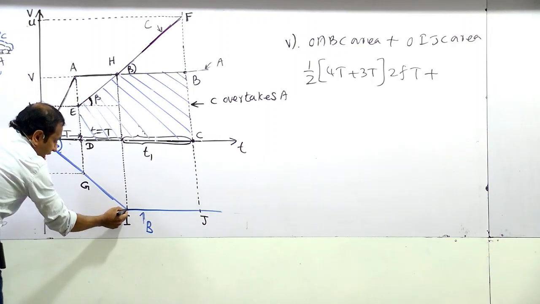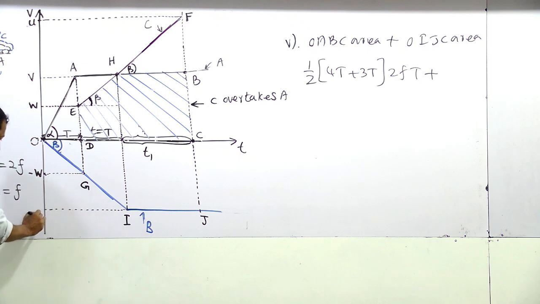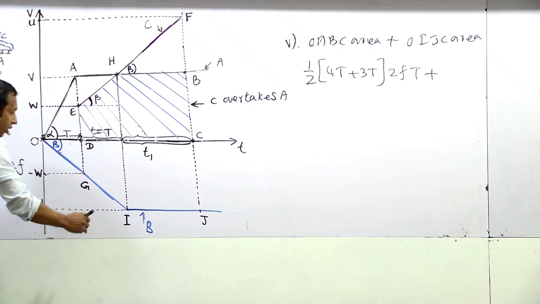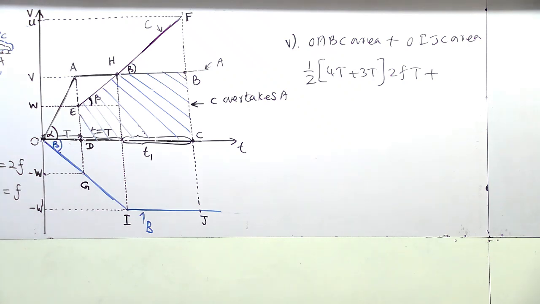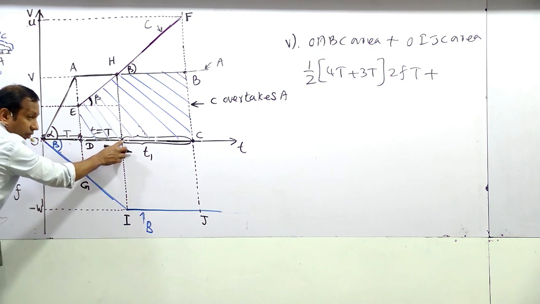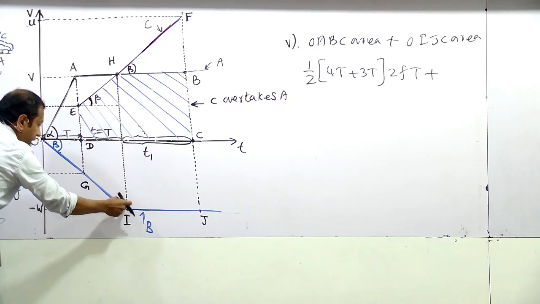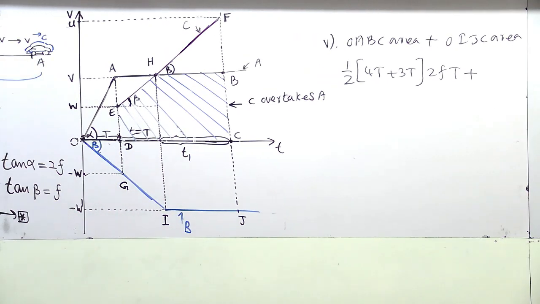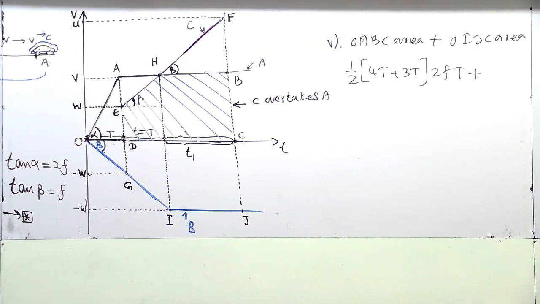Now we need this height also. Suppose it is W dash. To find this area, we need this height, no? How do we take that? We can apply the tan beta ratio. From here to here is 2T. This tan beta is given as F. What is this height? That's going to be 2FT again.